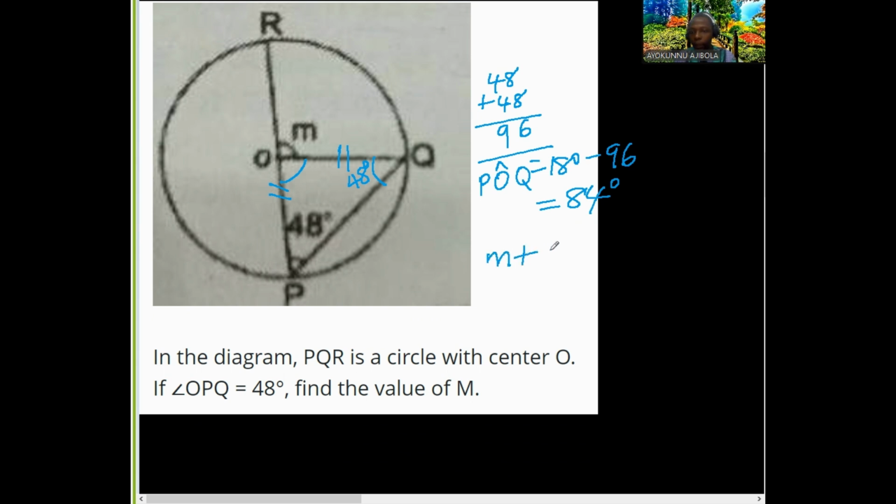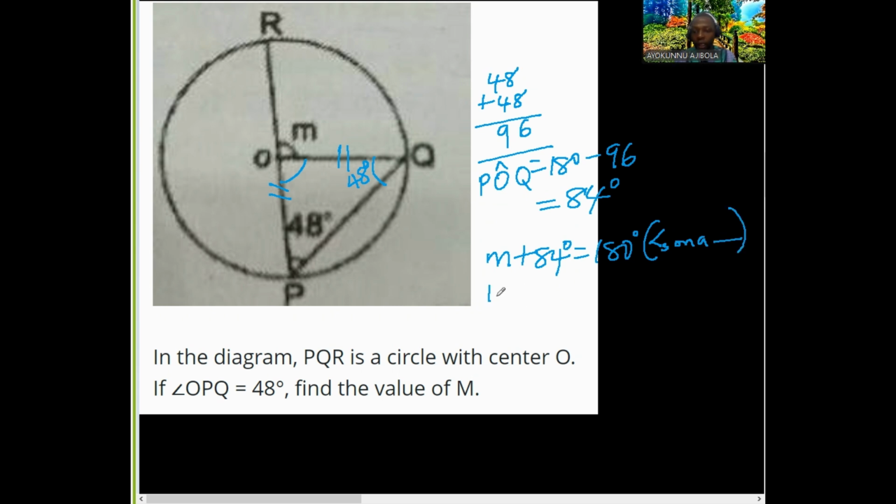M plus 84 degrees equals 180. Who can tell me why? Angle in a triangle? No, that's not the reason. Angle in a segment? Angle on a straight line. Who said that one? That's correct. The sum of angles on a straight line equals 180.